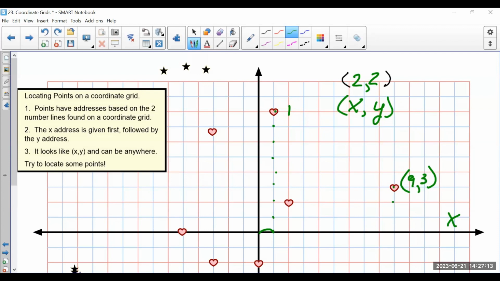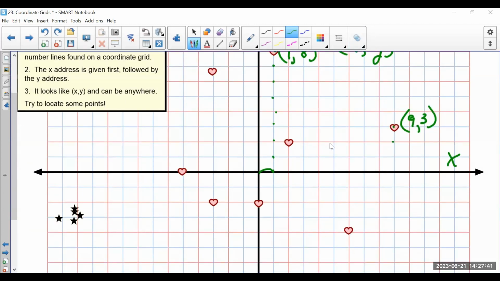So this would be at 1, 8. Now notice all these numbers are positive because they are in quadrant 1. If you're in quadrant 1, both of your numbers are going to be positive. But of course, you could have a negative x, a negative y, or a negative x and a negative y, and that's going to change where things end up.